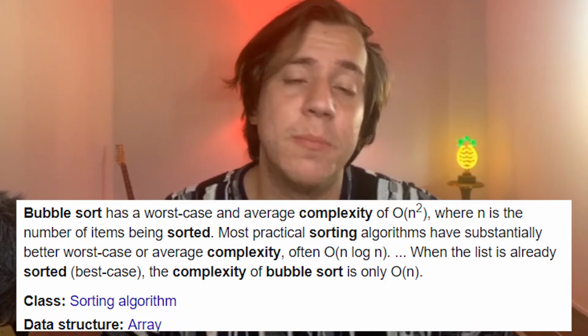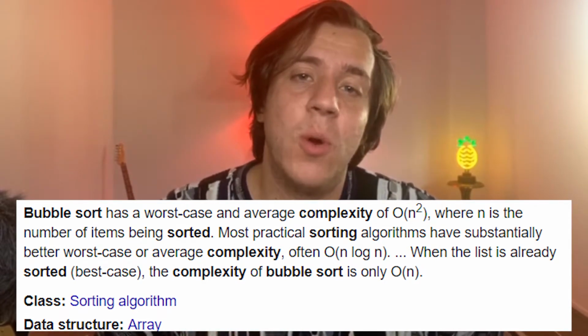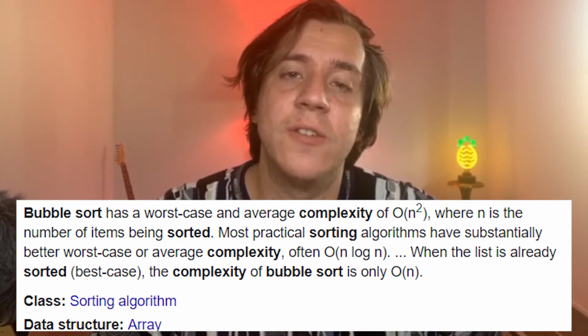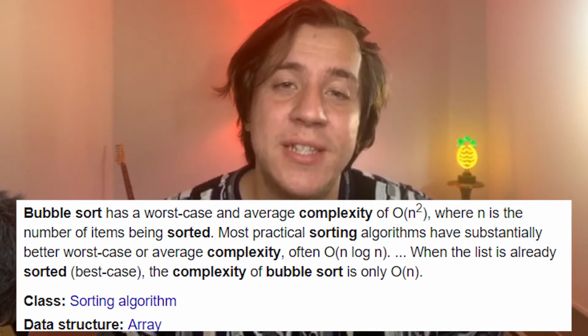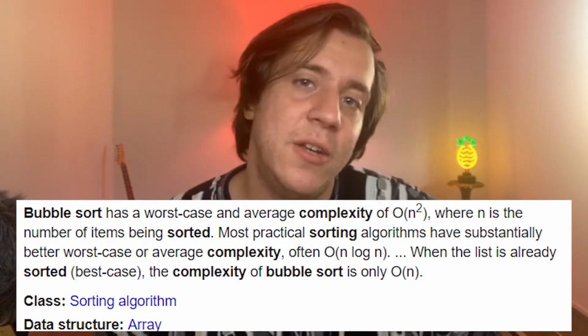So if there are 100 things to sort, it's 100 multiplied by log 100, which is 100 multiplied by 2, which is 200. But bubble sort has worst case n squared complexity. So the amount of steps required in the worst case to sort a list of 100 using bubble sort is 100 squared, which is 10,000 steps, which is a massive difference in computational complexity.